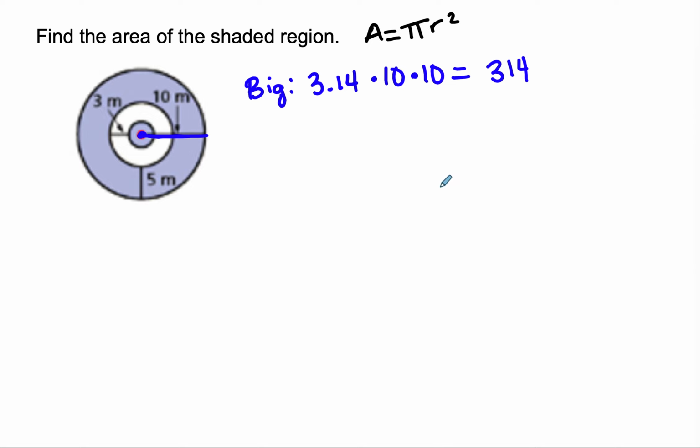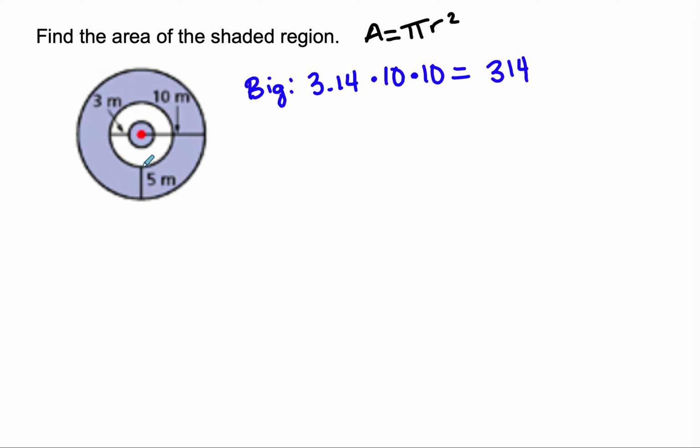Okay, now to find the area of the tiny circle and the medium circle, we have to do a little work. So I'm going to erase this. All right. So we have the biggest circle. Then we cut out the medium circle.